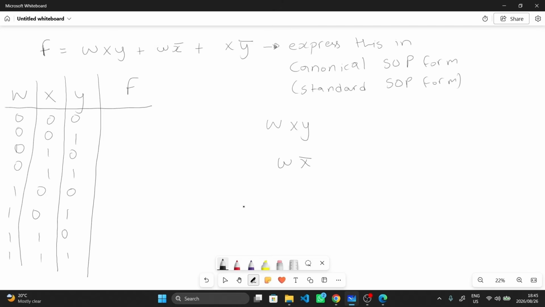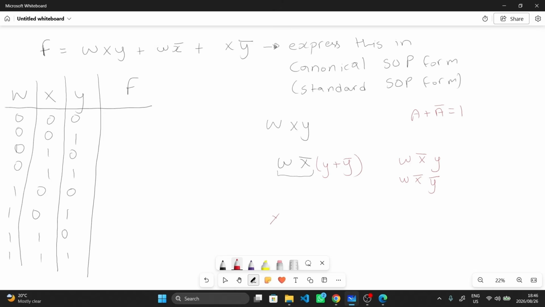In this term, which term is missing? Y plus y complement, because if you remember this law, a plus a complement is 1. So we had a common factor here, y plus y complement. So we will have two terms: w times x complement times y, and w times x complement times y complement.